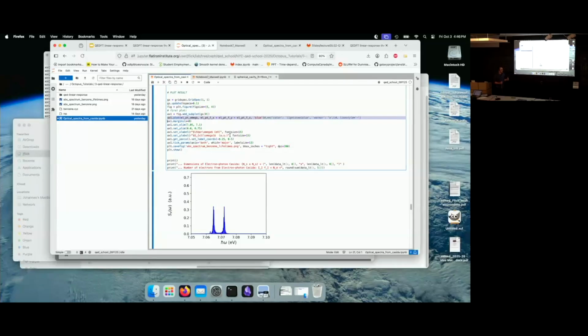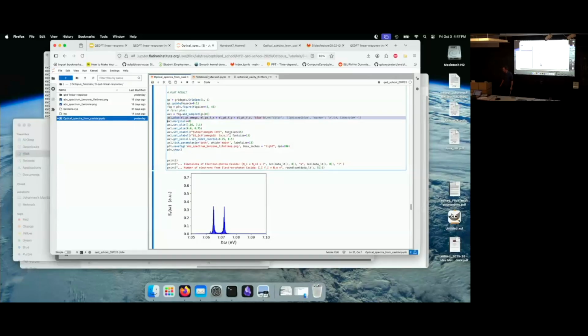This is what is called the natural line width. Due to the electron-photon interaction, there's a broadening in the spectra, and we are able to capture that now because of the many modes. This broadening is due to the dissipation in the cavity. This could be losses, as we discussed, for example through the mirror.